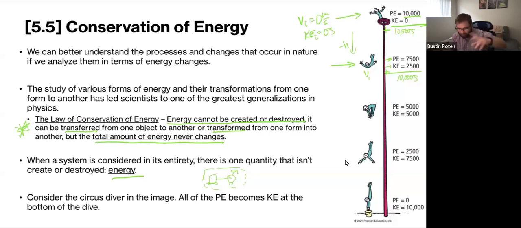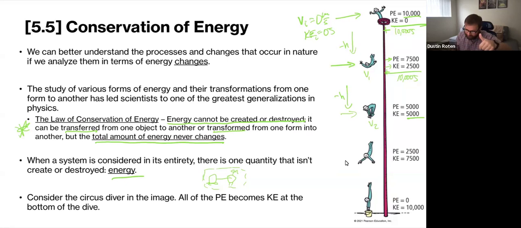Now look, in his halfway point, he's got even more kinetic energy because he's speeding up, right? So we're up to 5,000 joules of kinetic energy because his velocity is increasing. He shaved off even more height, so he has even less potential energy. So now it's evenly split.